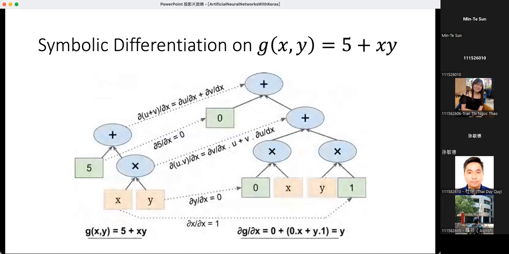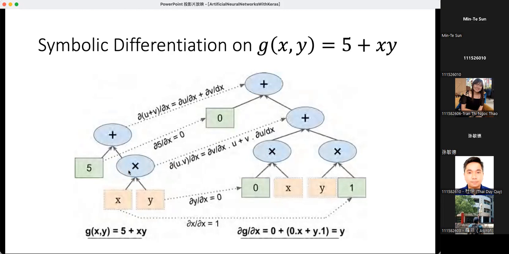So on the left hand side, from the root, because the root is a plus, and it's the sum of two functions, you just get the partial differentiation of both sides. That's it. The left hand side is 5, so when you do the partial differentiation on 5, it's 0. The right hand side is multiplication.